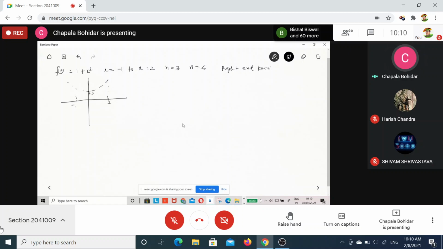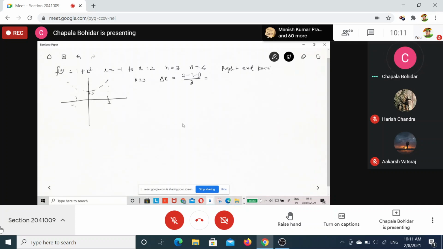Okay. What is the question given? n is equal to 3. What is the value of del x? Del x is equal to (b minus a) by n. So 2 minus -1 divided by 3 is how much?